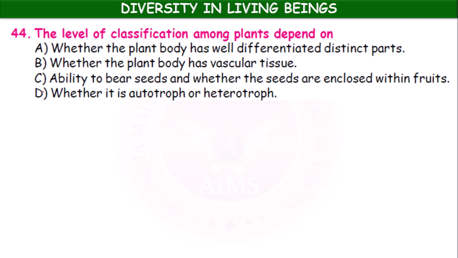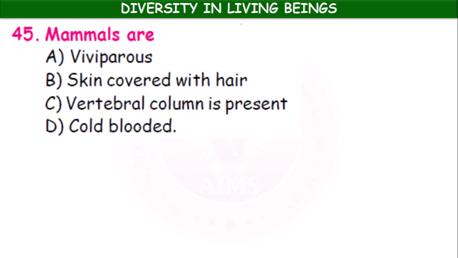If the seeds are enclosed within the fruits, they are called angiosperms, whereas if the seeds are not enclosed, bare seeds, it is gymnosperms.